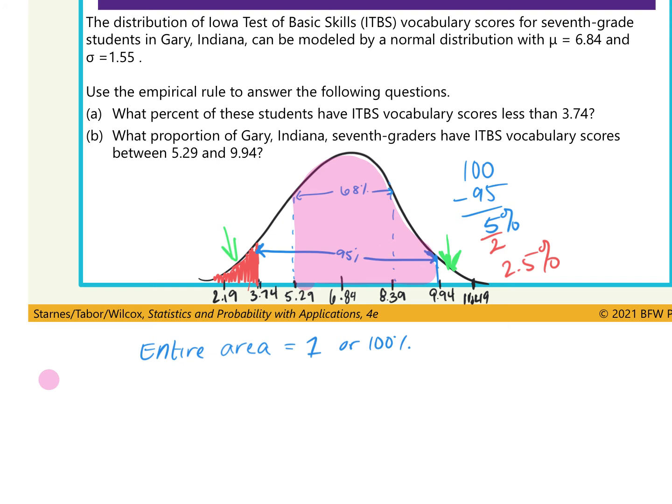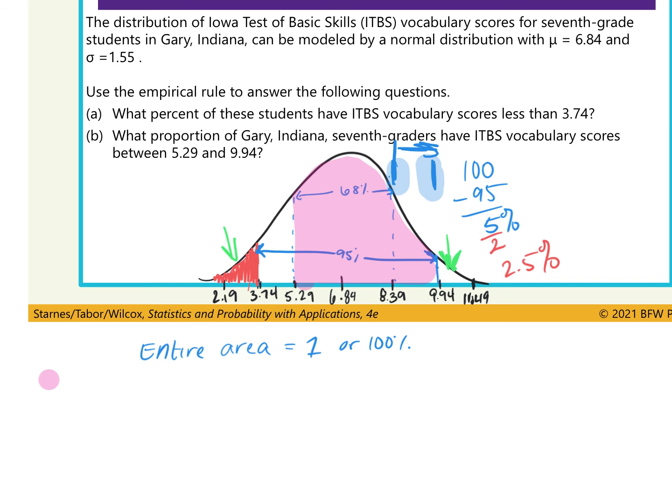You're going to have to use some subtraction skills to figure out what from here to here is. What do we expect it to be less than? Can you figure that out?